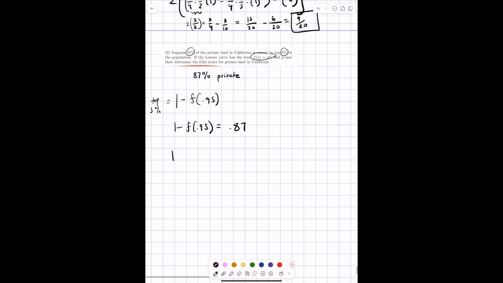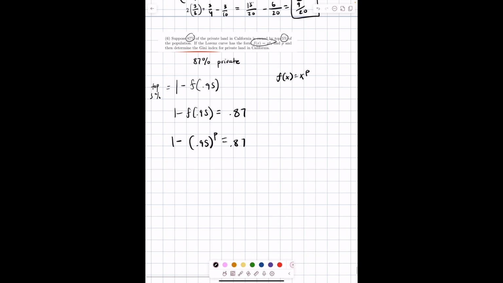So we need to figure out 1 minus f of 0.95, which is 0.95 to the p, because f of x is x to the power of p, equal to 0.87. So let's do some basic algebra.